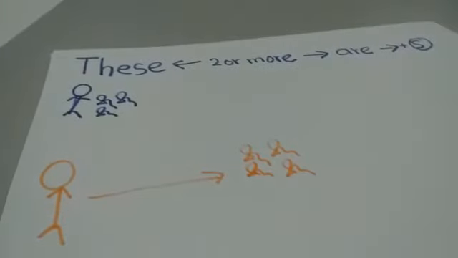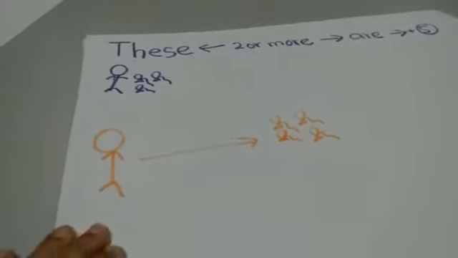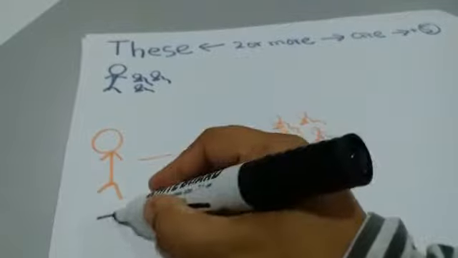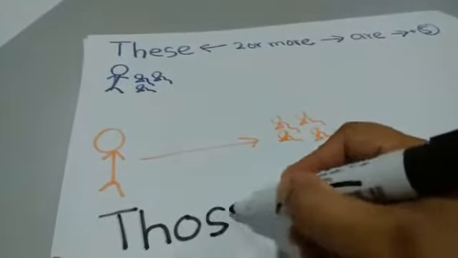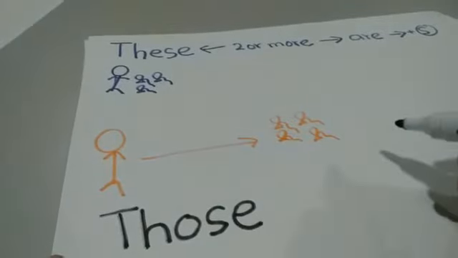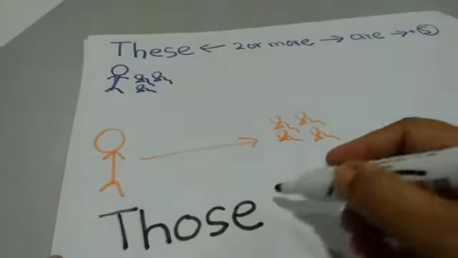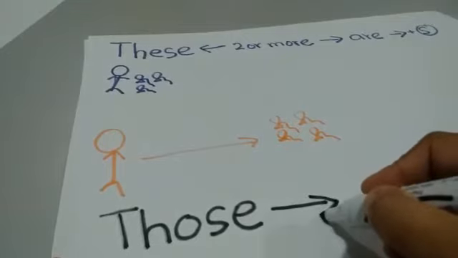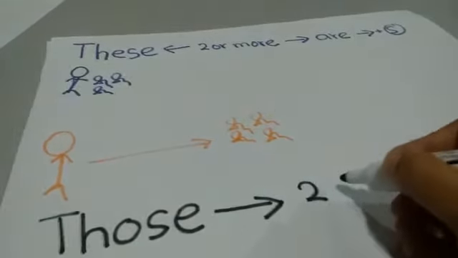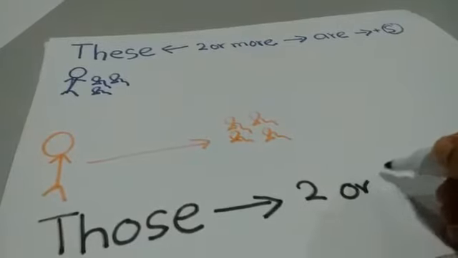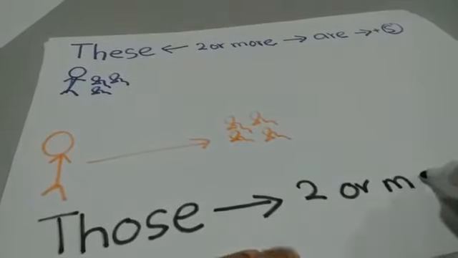So if there are many things far away, the word you can use is those, and it has to be far away, and then it has to be 2 or more objects.